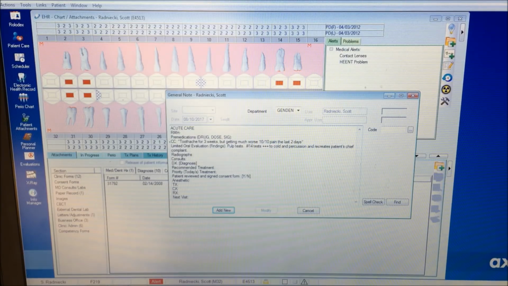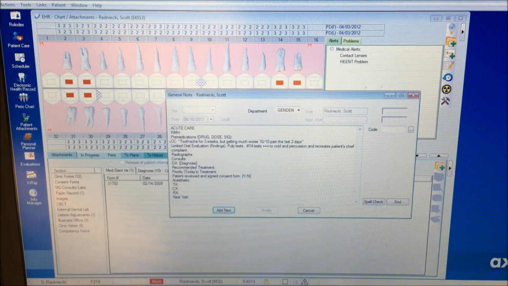Now, you'd also probably want to know, what about the other teeth? Did you test everything else? So, all other teeth in upper left quadrant test within normal limits to cold, percussion, and bite maybe.